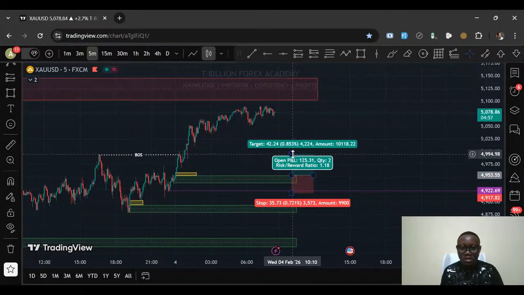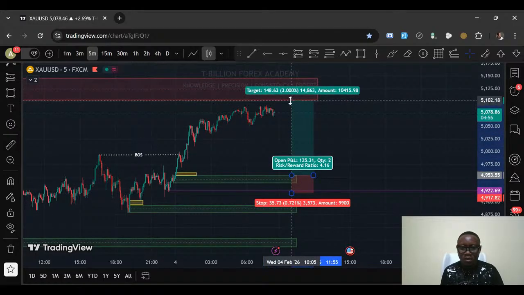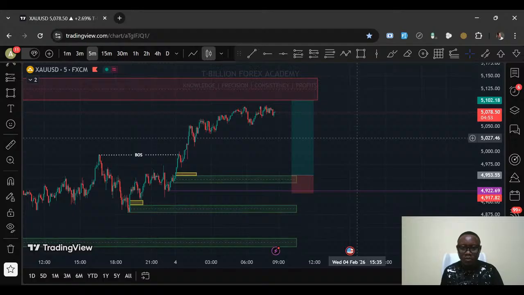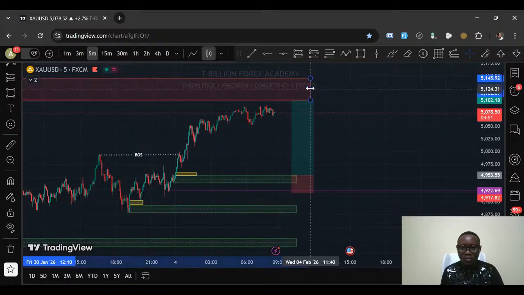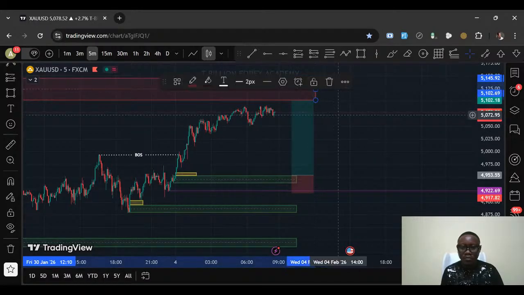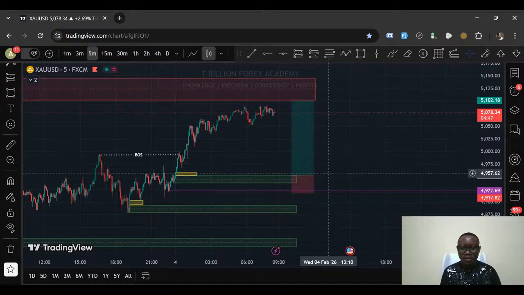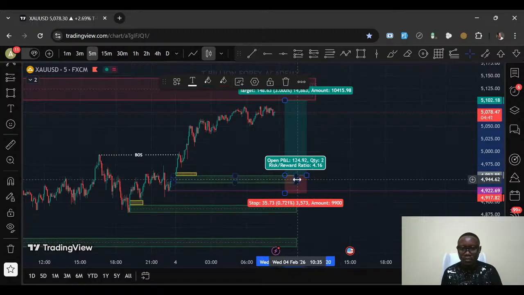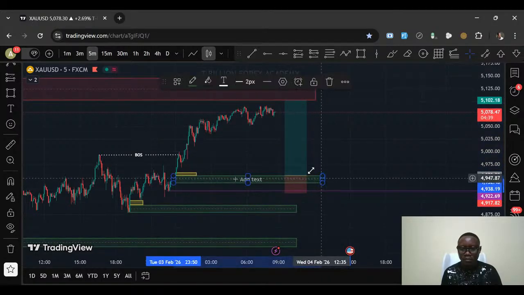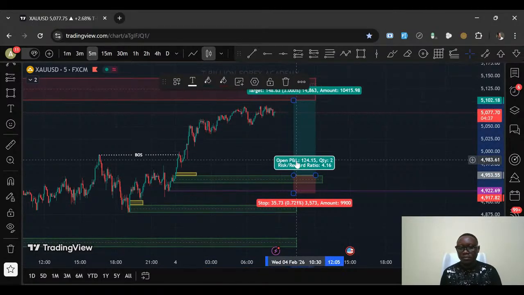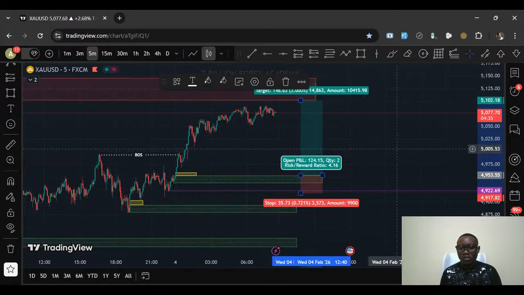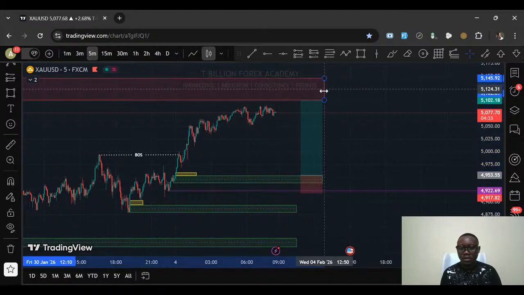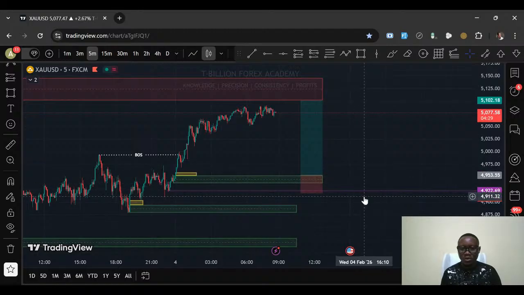And our TP will be right here. This will be our TP, this resistance or supply zone.